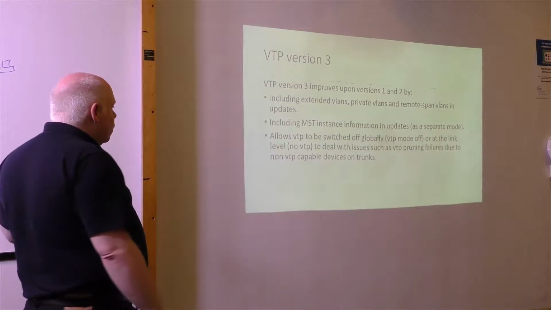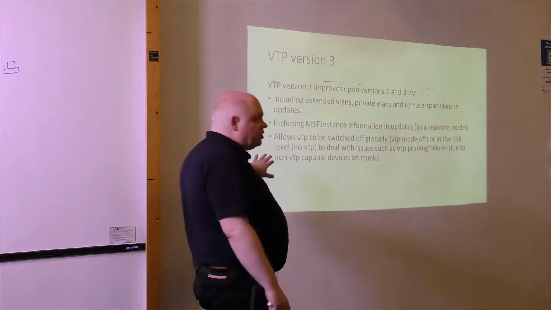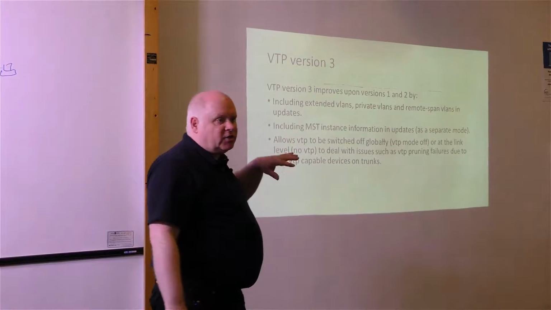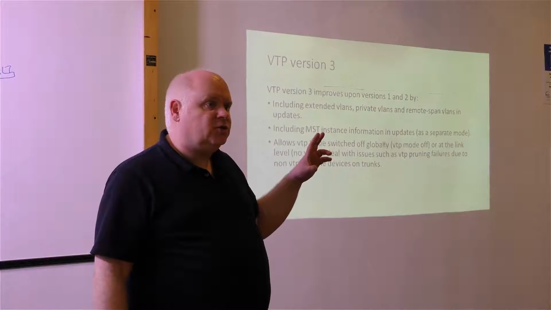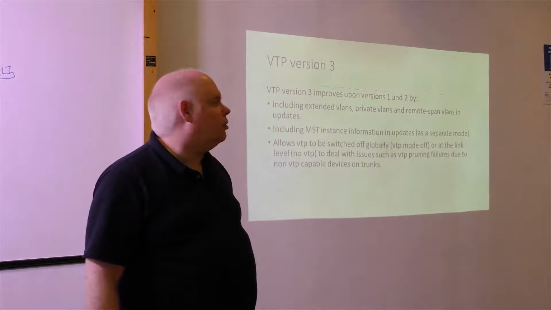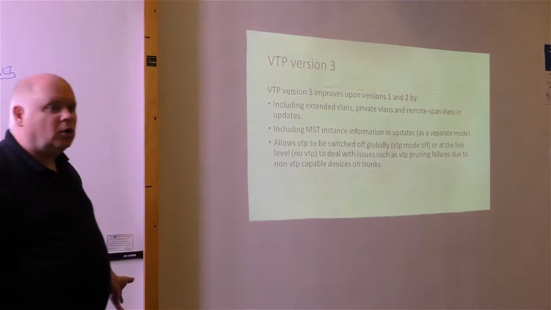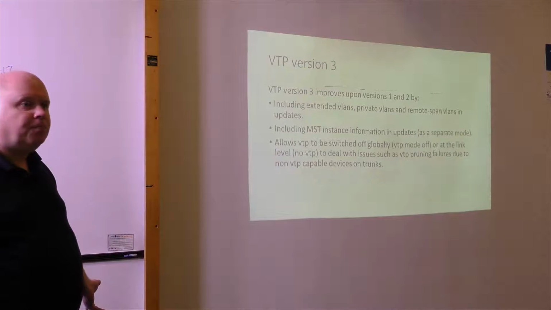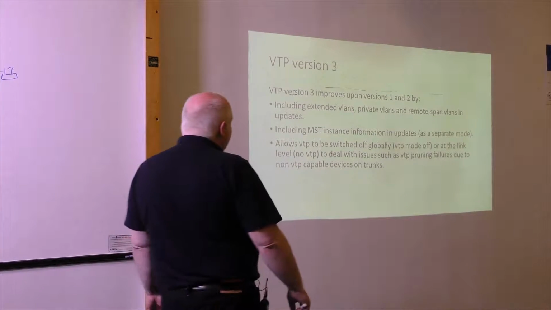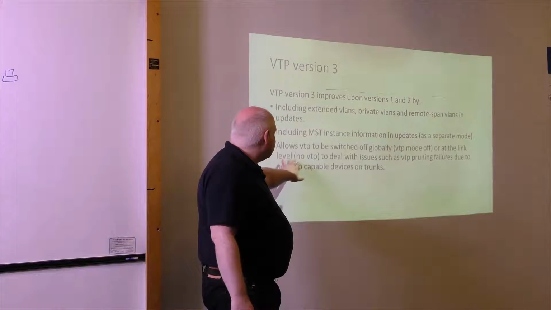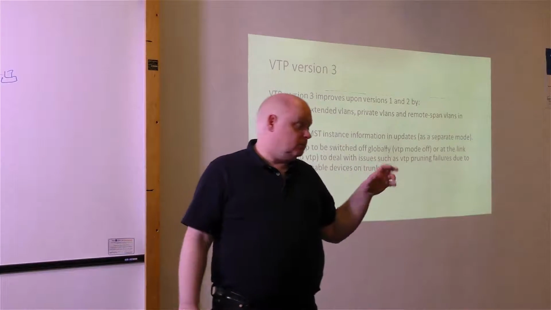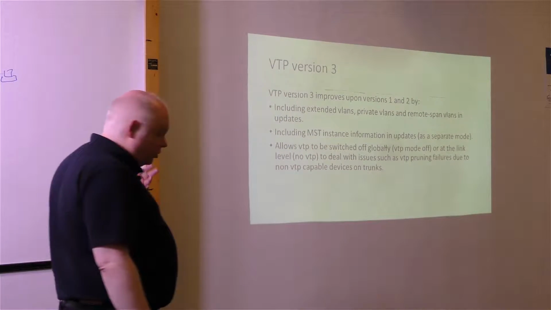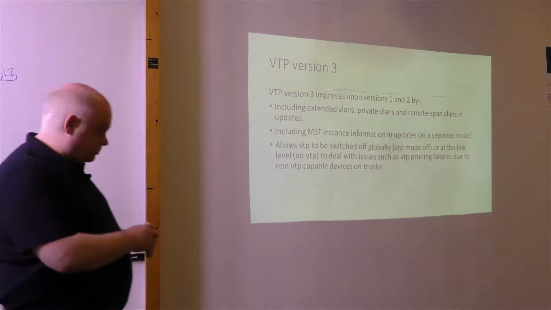So on that trunk link we mentioned earlier on, the one that was connected to a non-capable device. So we had a trunk link connected to a router, say, which caused us problems with pruning. Remember that? So we could fix that if we had VTP version 3, because we could turn off VTP for that trunk link only. So it's a lot more resilient in cases like that.